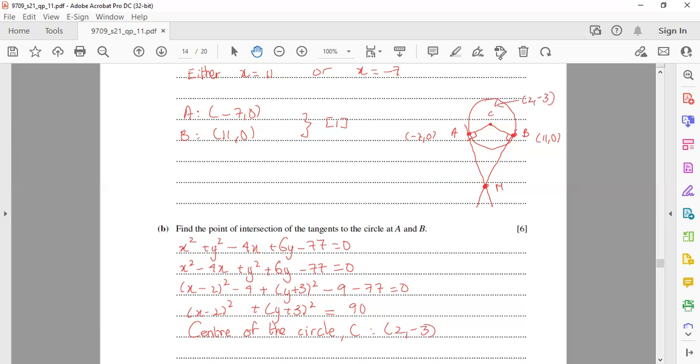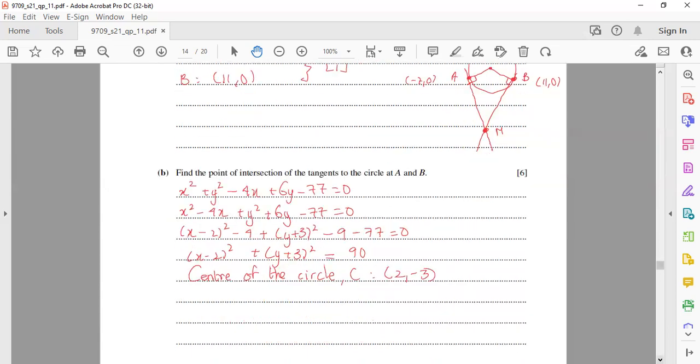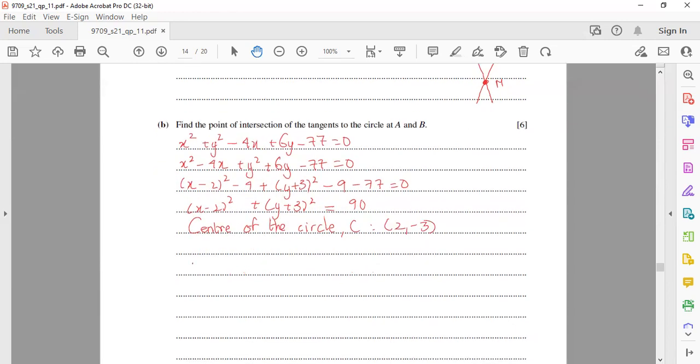Once I find the gradient of the tangent, I use the points A and B to find the equation of the tangents, and then I can solve them simultaneously to find the point of intersection N. So let's first find the gradient of AC. Gradient AC will be equal to y2 minus y1 upon x2 minus x1, so minus 3 over 9, which gives me minus 1/3.